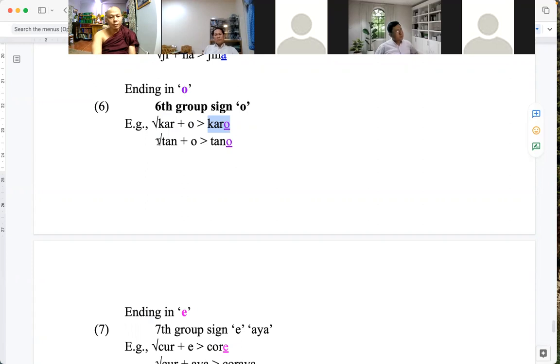And the same way, root tan, by adding the o sign, we have the tano base, to spread, to spread over. Okay, so that is related only to this sign.